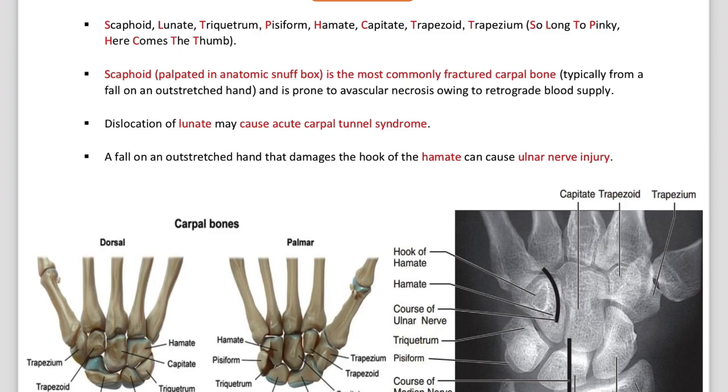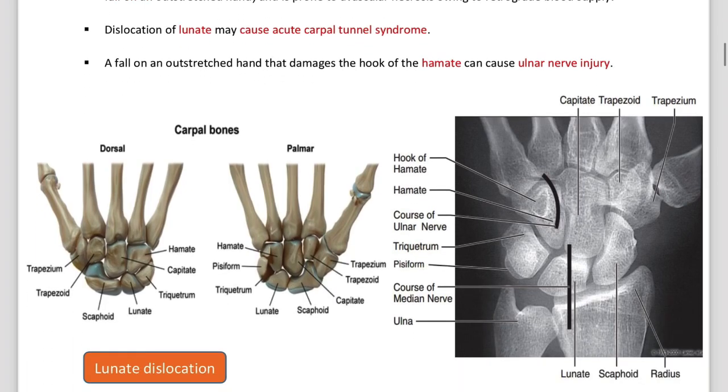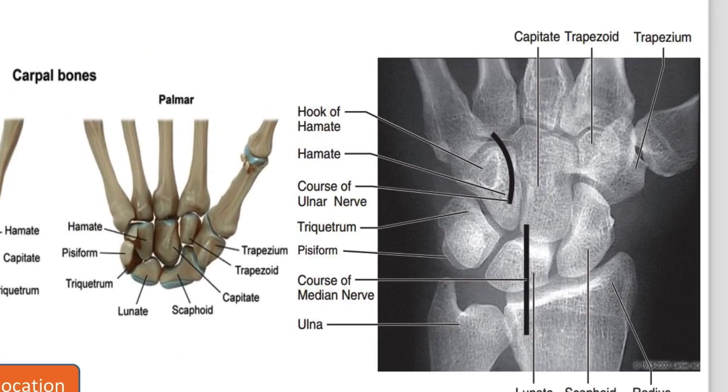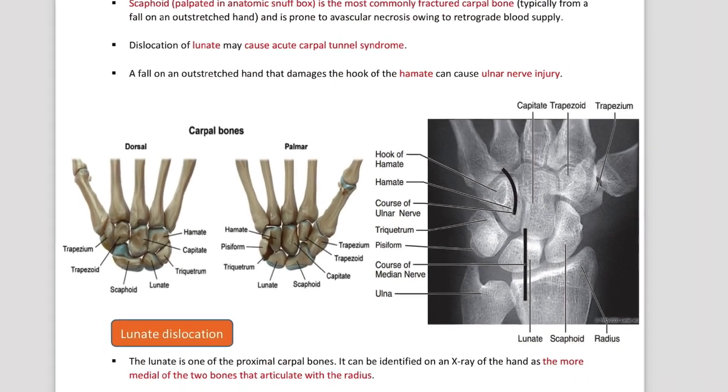I will explain these things in depth when we discuss fractures. In X-ray you can see this type of image. In X-ray we can easily find any dislocation, any fracture, and any compression of the nerve.